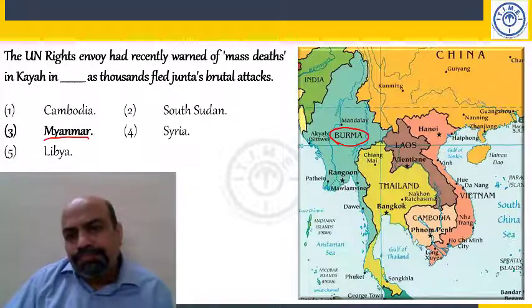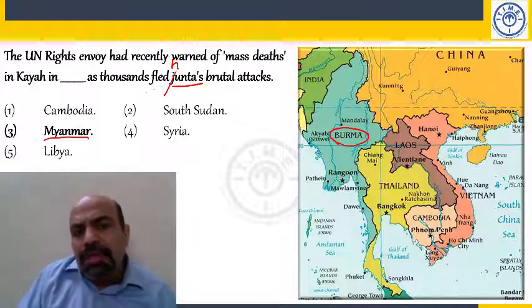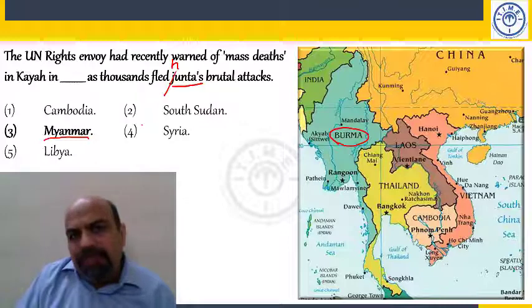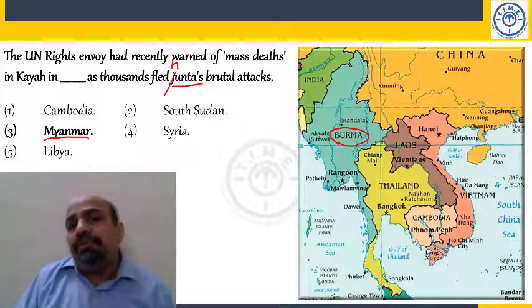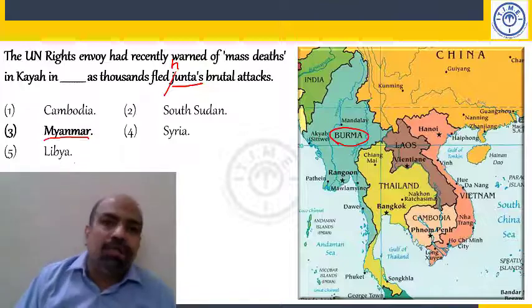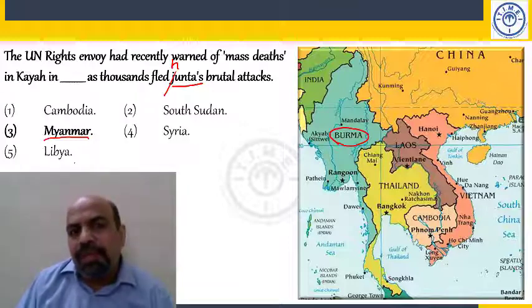But recently the military junta, this is a Spanish word and this is pronounced with an H, captured power in Myanmar and is running the show there. Thousands of people have come on the roads in recent months to oppose the military's takeover of the country after dismissing the central government.